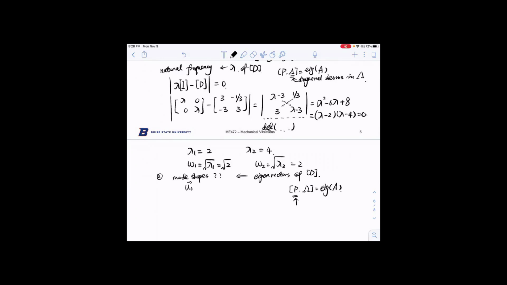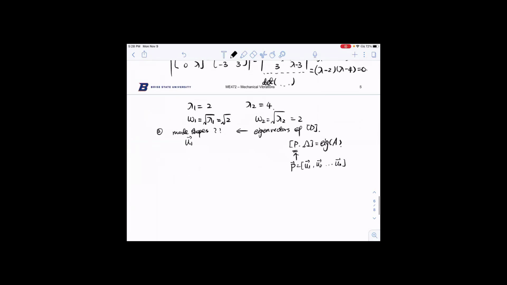Again, if you want to use the eig function in MATLAB, you find all your U from the P. So your P matrix will be U1, U2, up to UN. In this case, to find your U1, you just write your P matrix out and pick the first column. That's your U1. And similarly, the second column in P is going to be your U2.